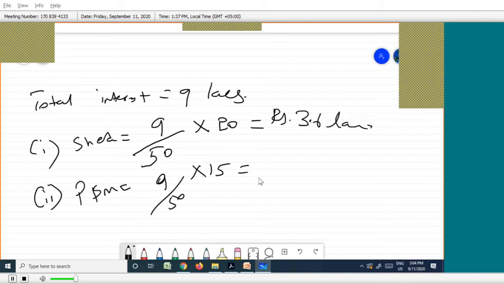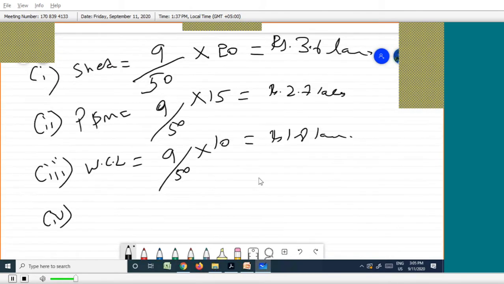How much is it for the working capital loan? 1.8 lakhs. Then truck advance: 9 divided by 50 into 5 equals 0.9 lakhs.